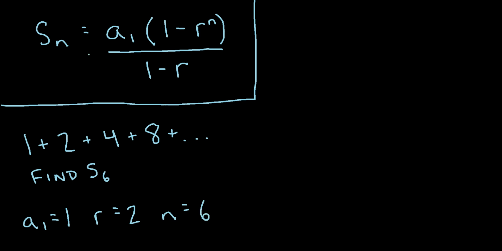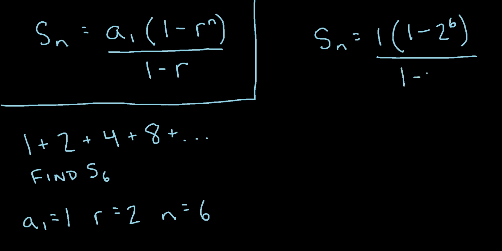So we can plug these values into our sum formula, and let's see what we get. The sum is equal to a sub 1, which is 1, times 1 minus r, which we said is 2, to the power of n. n is 6. Divided by 1 minus r, which we said is 2. So we get 1 times anything is just itself, so we get 1 minus 2 to the 6th. 2 to the 6th is 64, so we get 1 minus 64 divided by 1 minus 2, which is negative 1.